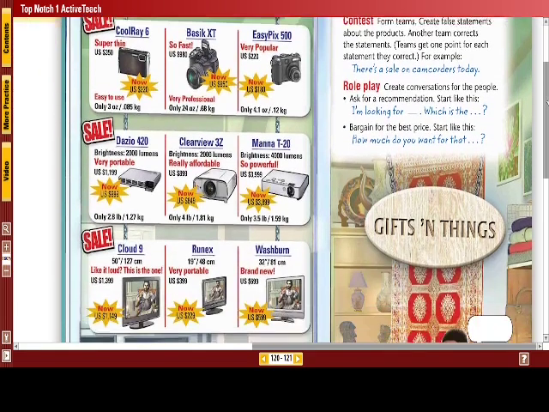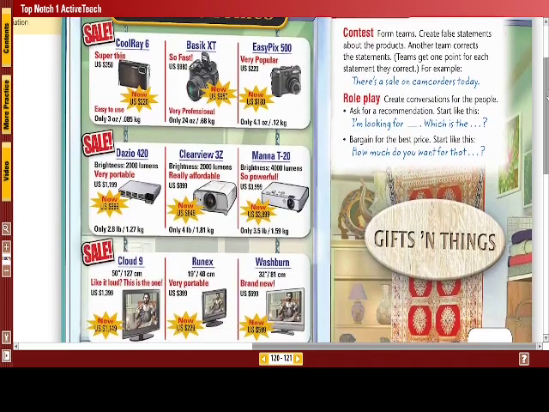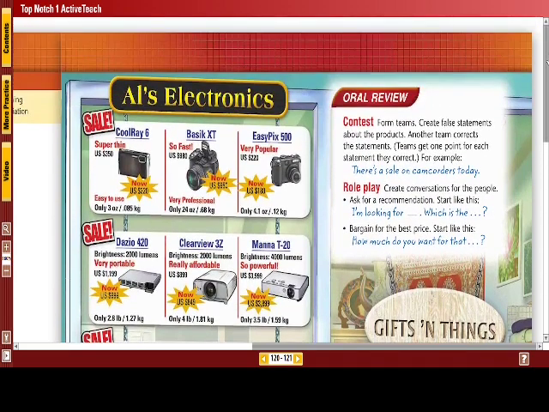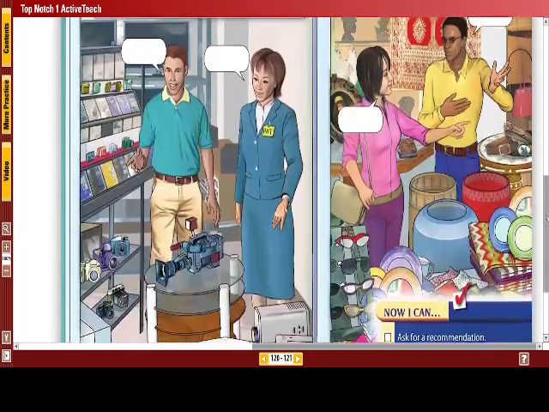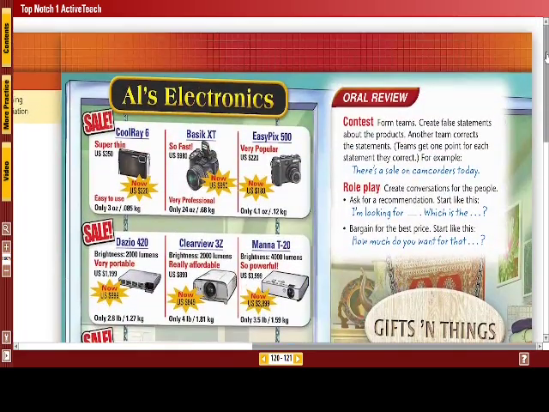And we have another speaking activity, which is recommending some items, some electronic items from a place.